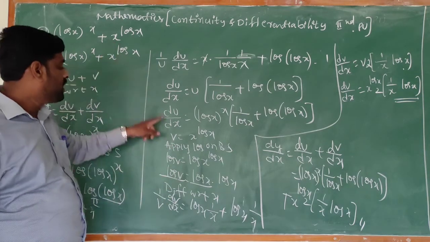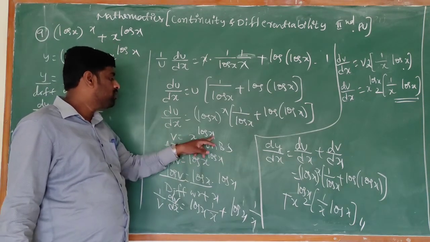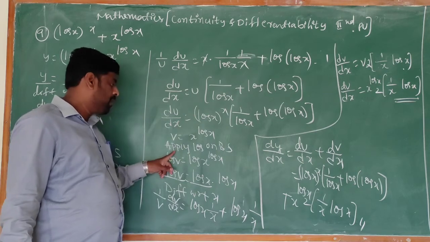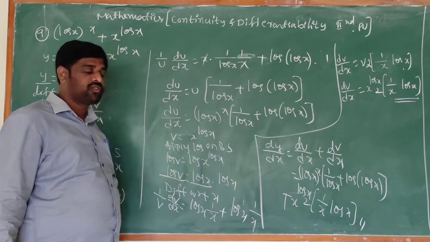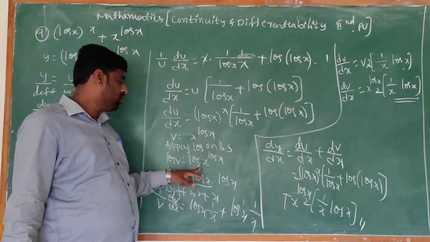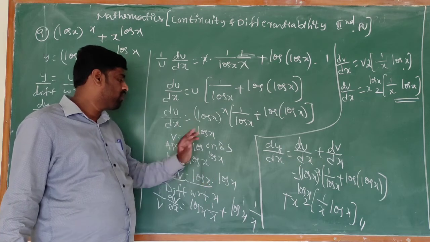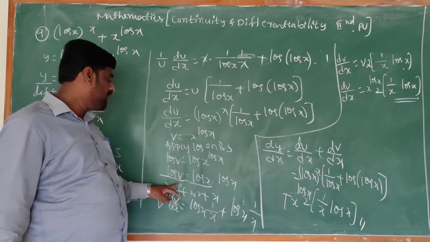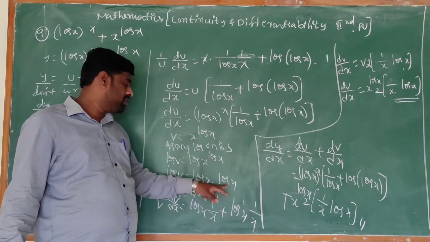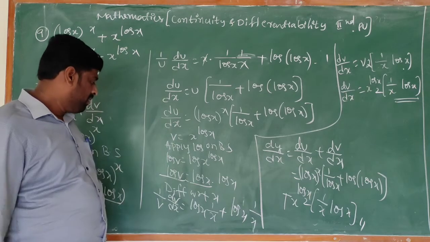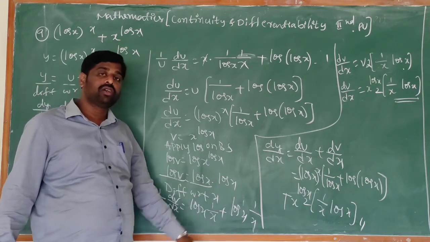Now come to v. V is equal to x to the power of log x. Apply log on both sides. Log v is equal to log x to the power of log x. So log v is equal to log x into log x. Differentiate with respect to x.